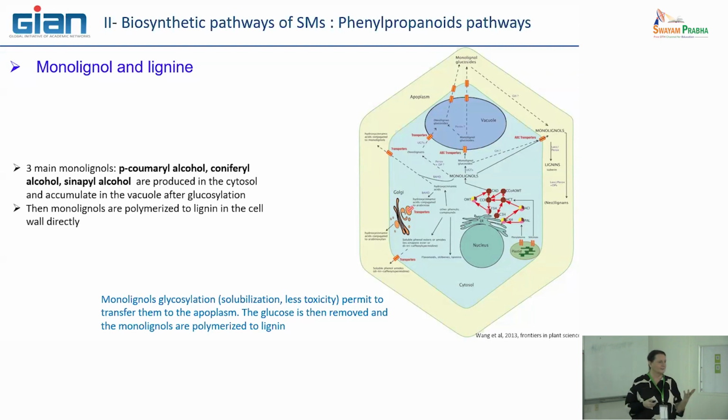So you can see that, in fact, we can act on the regulation of this type of biosynthesis pathway, not only by acting directly on the enzymes, but also by acting on the transport and the different way that this metabolite has to take in order to arrive at the final step to produce lignins.